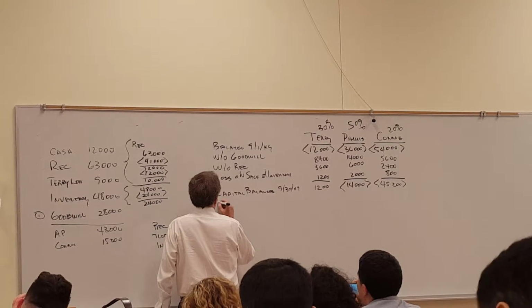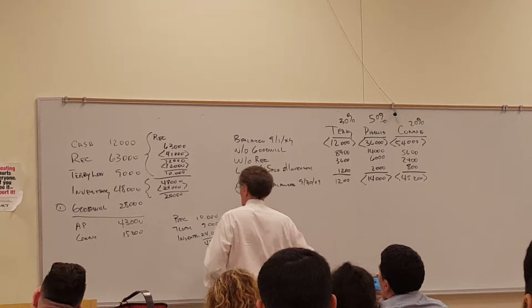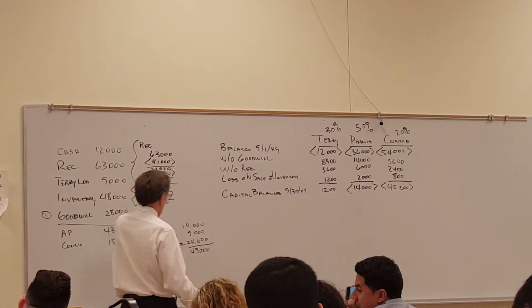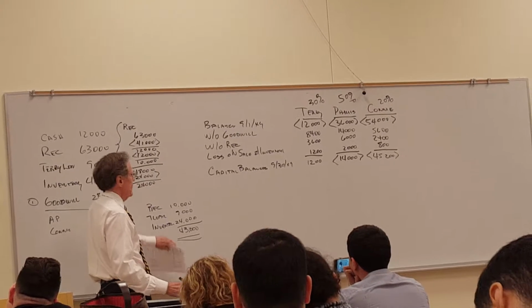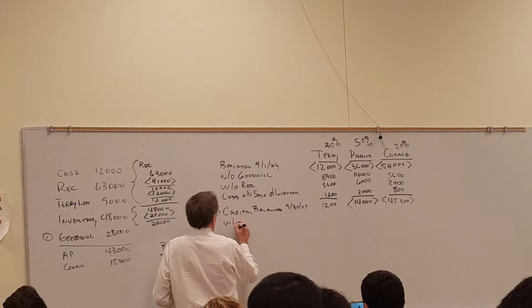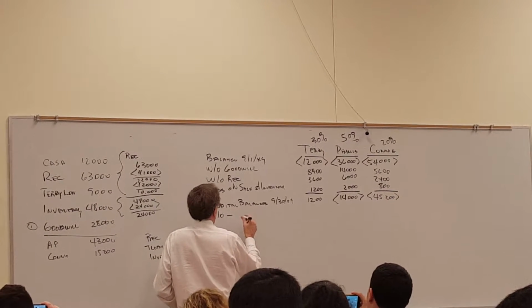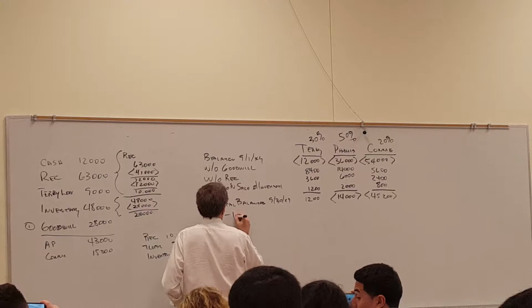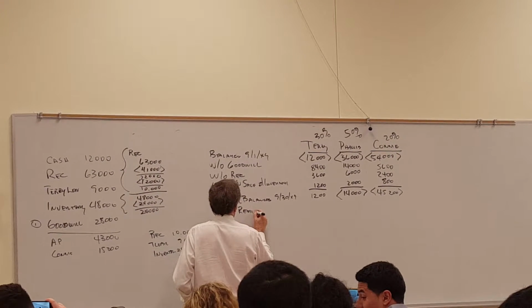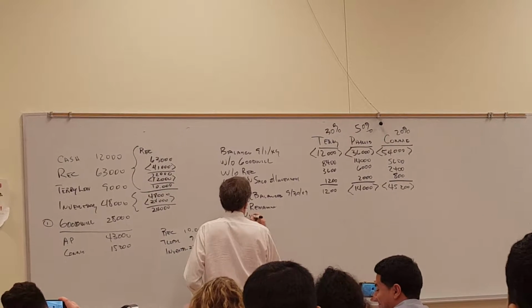So let's take the 43,000 first. To get the 43,000, we're going to write off the remaining non-cash assets.